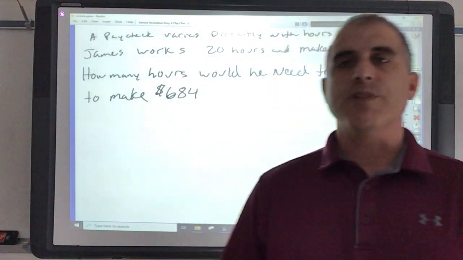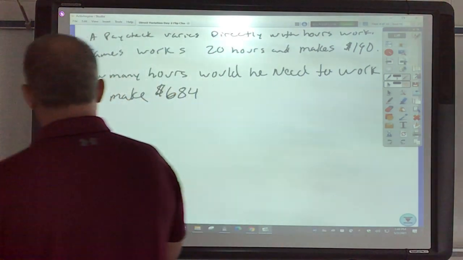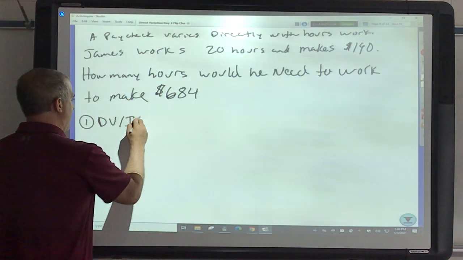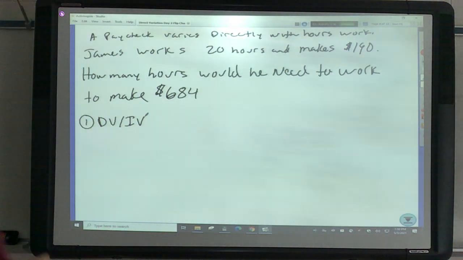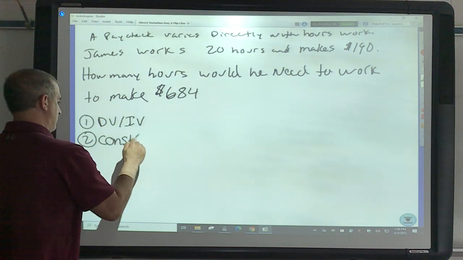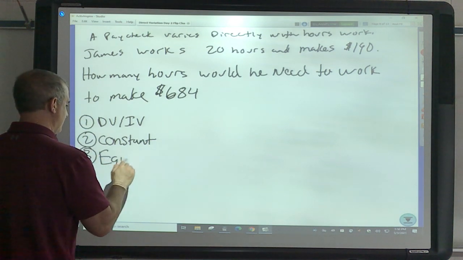Now, what we sort of just laid out is how you want to figure this out. All right, what you want to figure out first is whether it's direct variation or inverse. Now, what you're fortunate with here is they're going to tell you, okay? Now, what you want to do is find the constant. You want to make your equation, okay?